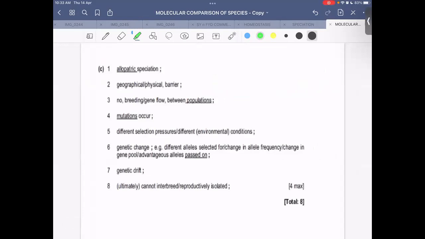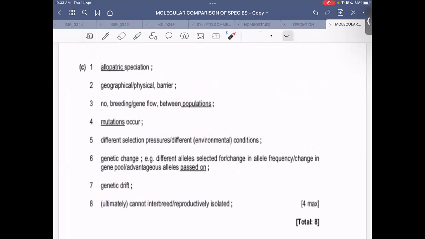Let me tell you one thing, guys. In such kind of questions, the answers are always generic. So what are those generic terminologies that you will always use while answering such questions? Whenever you talk about speciation, the first step should be that you decide which kind of speciation is happening. After you've decided, of course, you will see that there is no gene flow. Mutations are happening at the same time randomly.